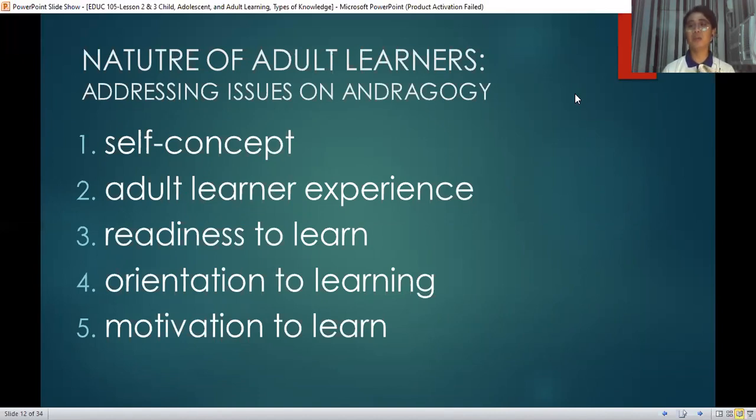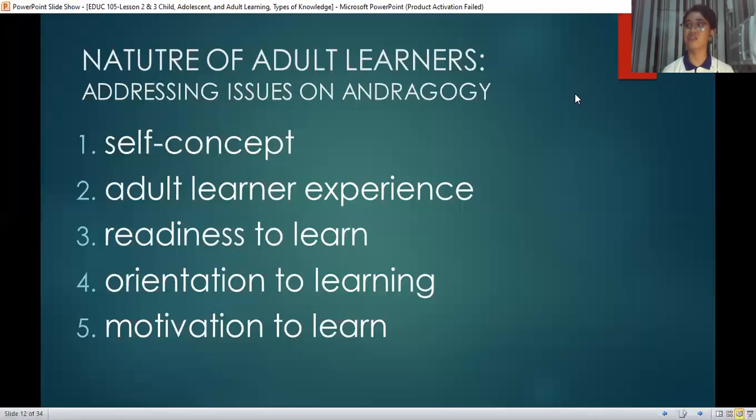So when you discuss, do not dominate the lecture or do not dominate the session. As a teacher, knowing that you have adult learners, bear in mind that you can also source from these people, let them share. And you will be surprised that when you let them share, you will also learn from these people.